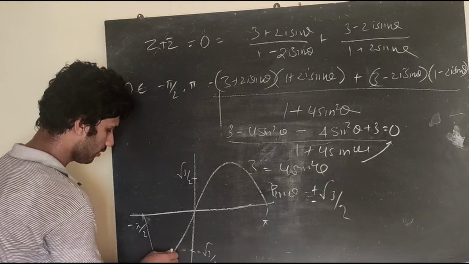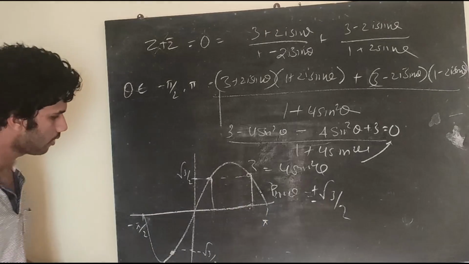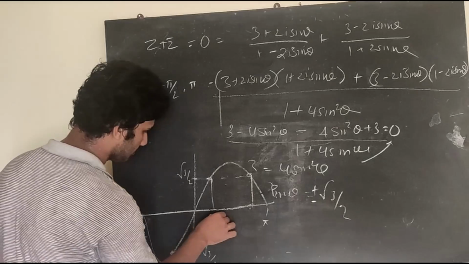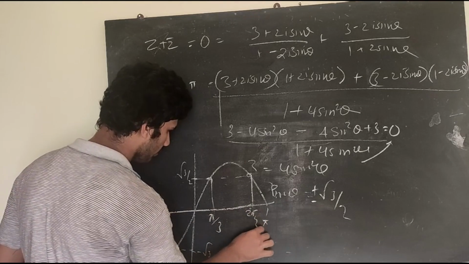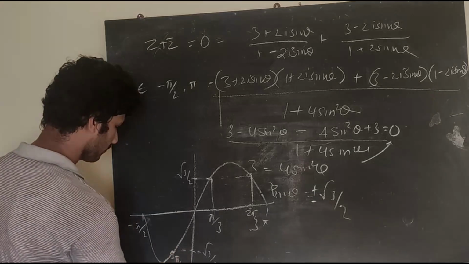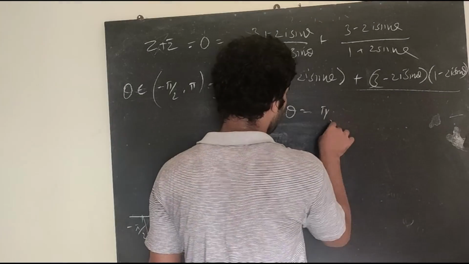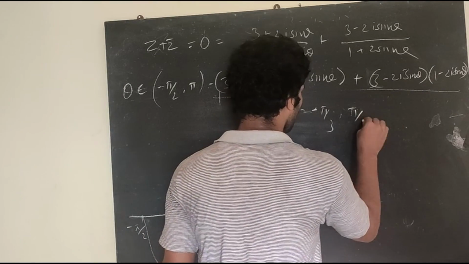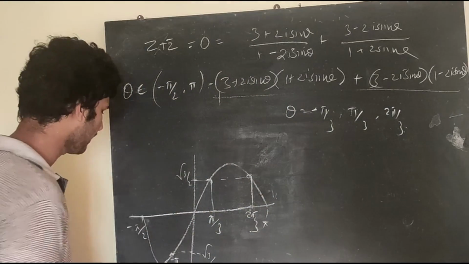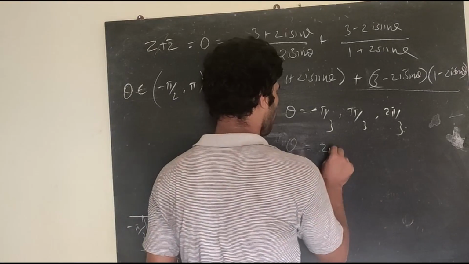So it has 1 point over here, and it has 2 points over here. That means this is 60 degrees, that is π/3, this is 2π/3, and again this is π/3, minus π/3. So θ can take values minus π/3, π/3, and 2π/3. Minus 2π/3 is not in the range. Okay. So when you add this up, you will get θ is equal to 2π/3.